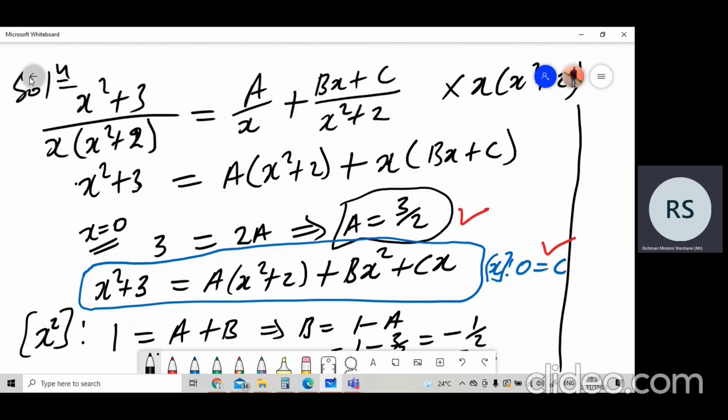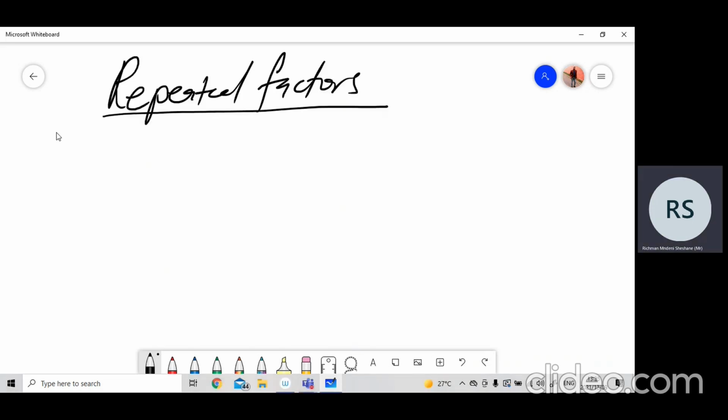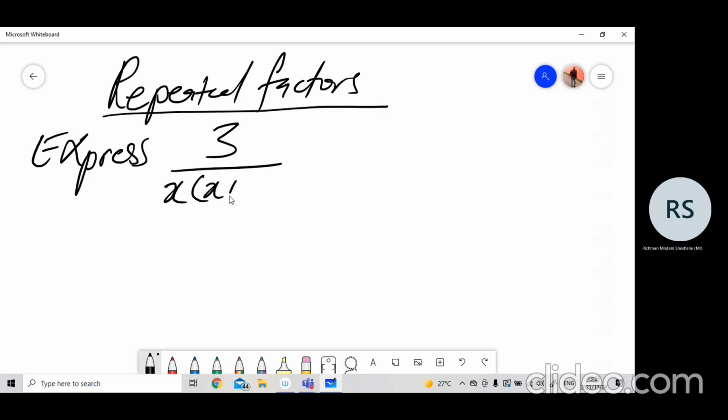All right. And the last part, and then we go to integration, is when we have repeated factors. When we have repeated factors, let's look at this example. Let's say we want to express this expression, 3 over x times x plus 1 all to the power of 2.